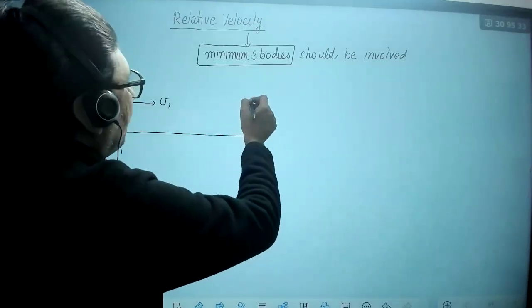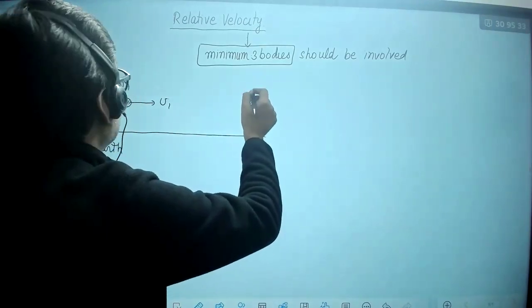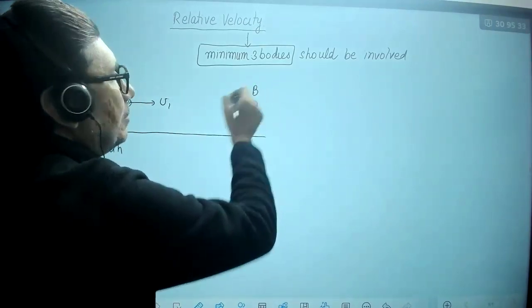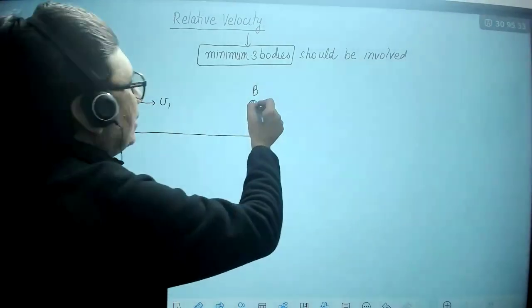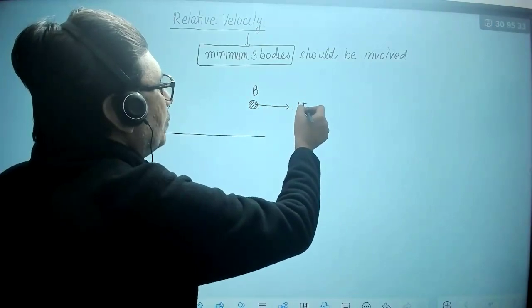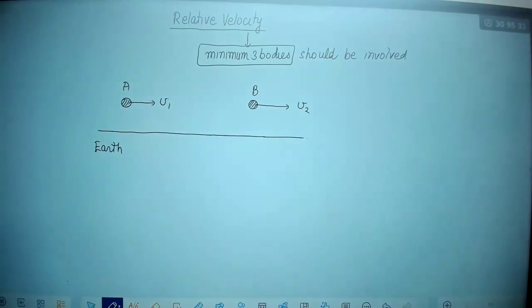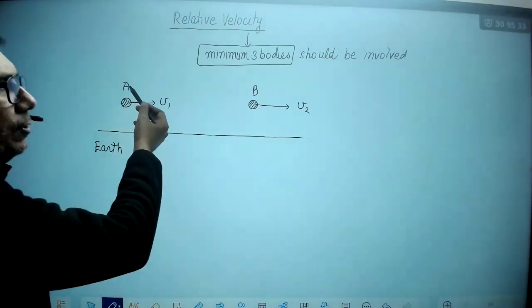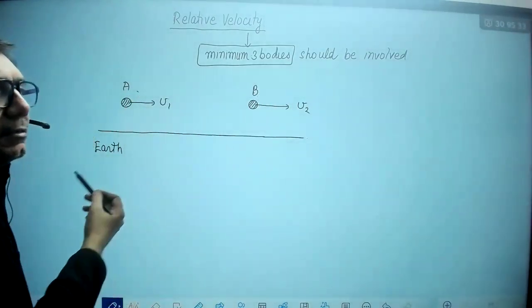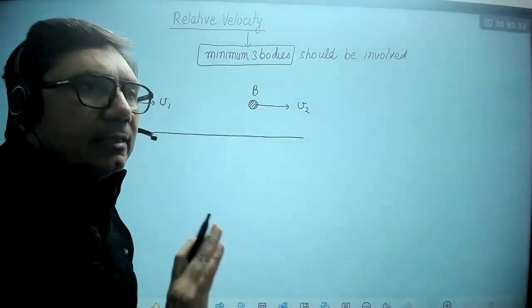There is another body, this is the second one, B, and it is moving in this direction with velocity V2. So here three bodies are A, B, and Earth. Earth, ball A and ball B are the three bodies.